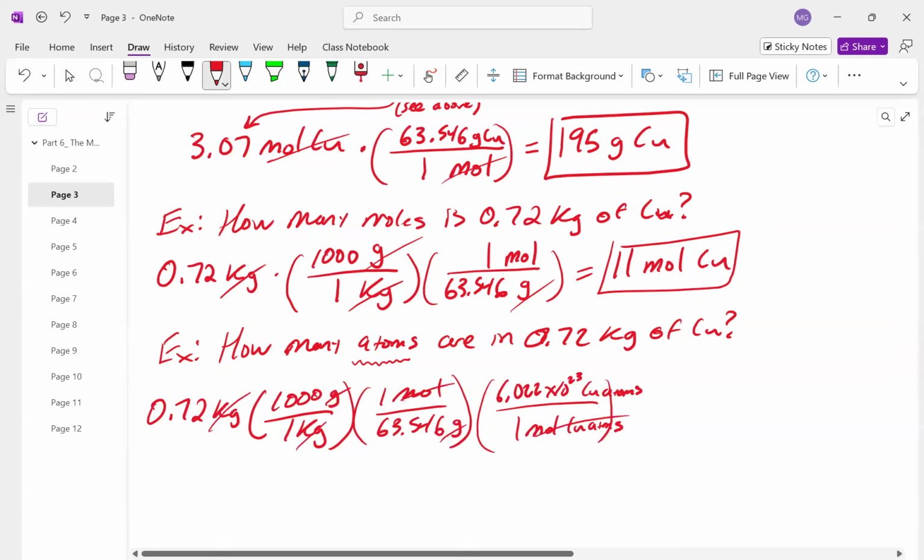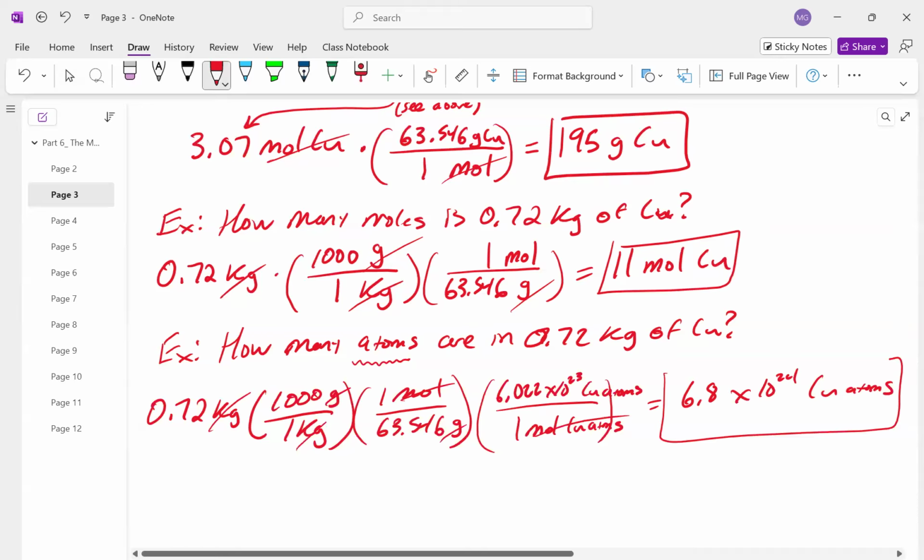So moles cancel out. I'm left with the units of copper atoms, and that comes out to 6.8 times 10 to the 24th copper atoms, or atoms of copper, however you want to put that unit.